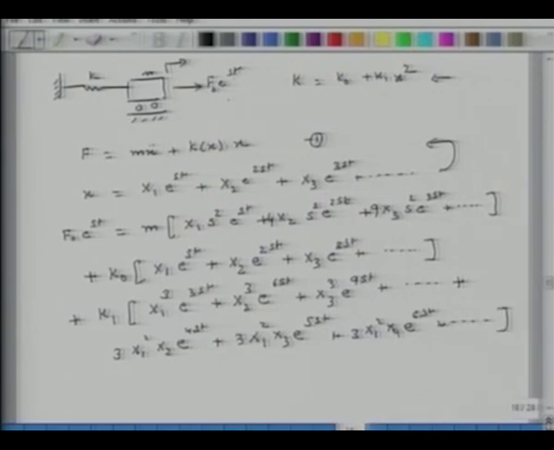So if this equation has to hold true, then all the terms associated with e^(st), when I take their coefficients, they have to vanish. They have to become 0. All the terms associated with e^(2st), their coefficients, collectively they have to vanish, and so on and so forth. So that's what we'll do.